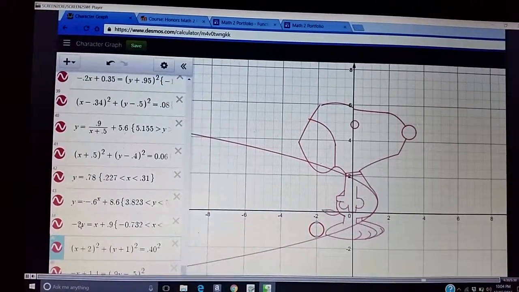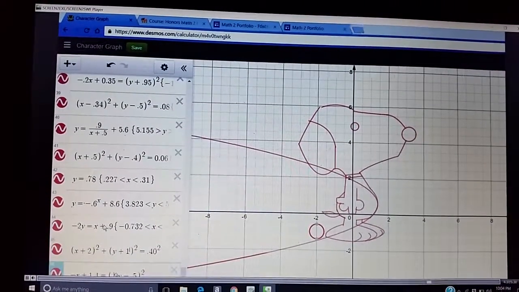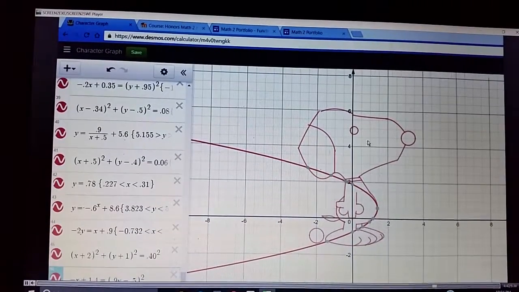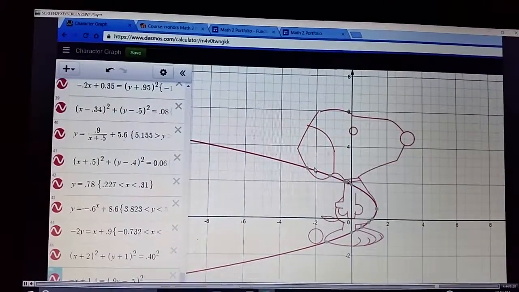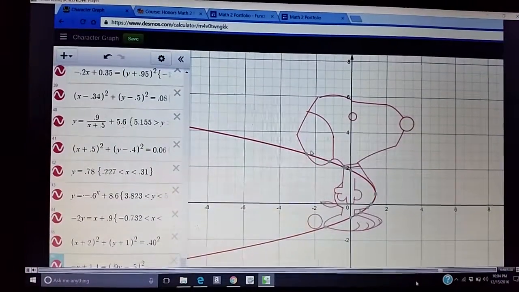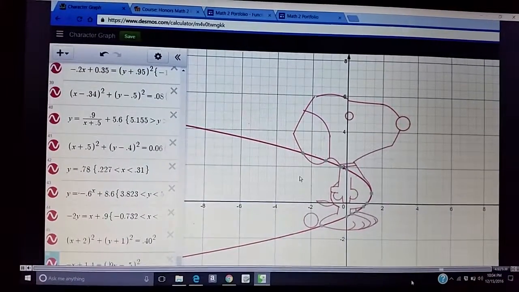And then for my compressing and stretching, this was a line that I compressed and stretched. And I put barriers on it, but this is without the barriers to show you how it compresses and stretches. And it was to fit his belly area.